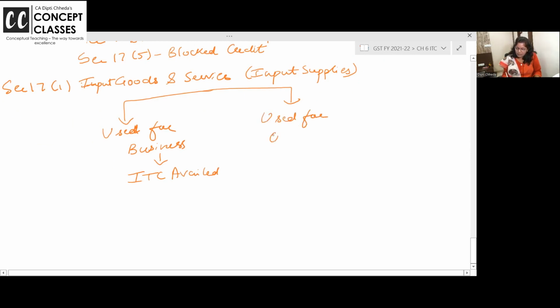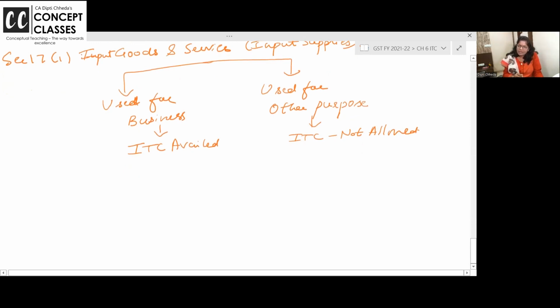Used for other purpose, personal purpose or whatever, ITC not allowed. Are you all with me? Whatever purchases of goods or services on which ITC is availed, used for business purpose, yes. If not, no.